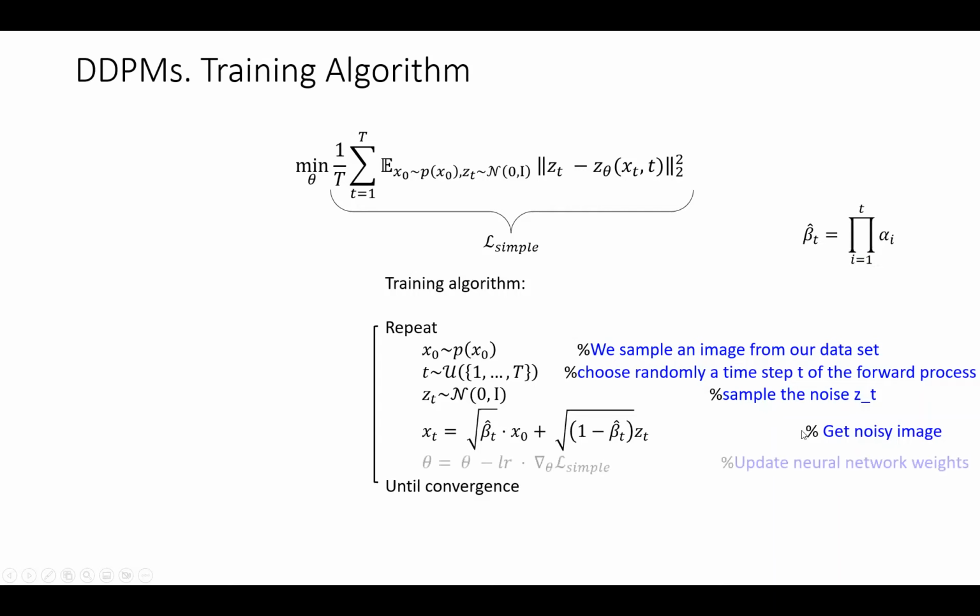Then we will update the parameters of the network, because we are going to differentiate the loss function with respect to theta and update the theta here. That's traditionally what we do.